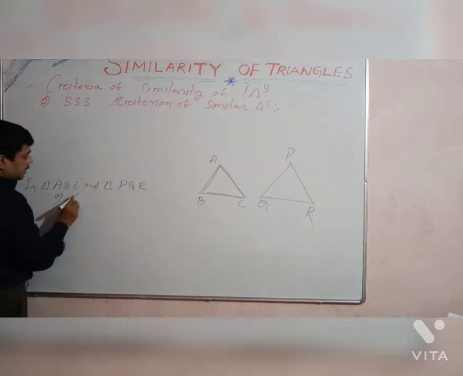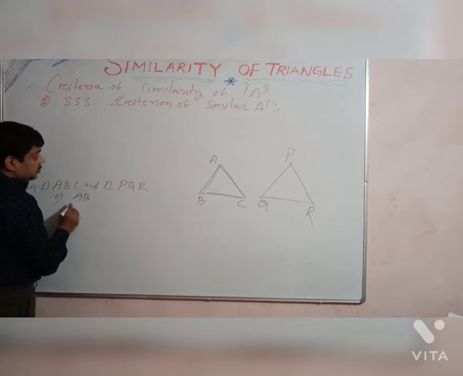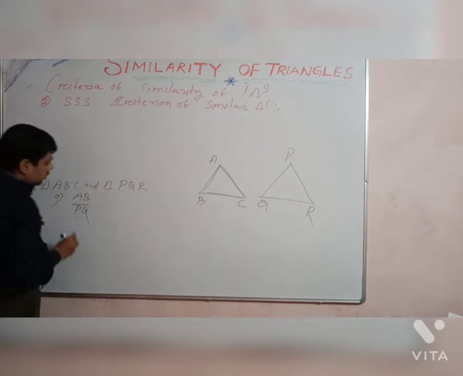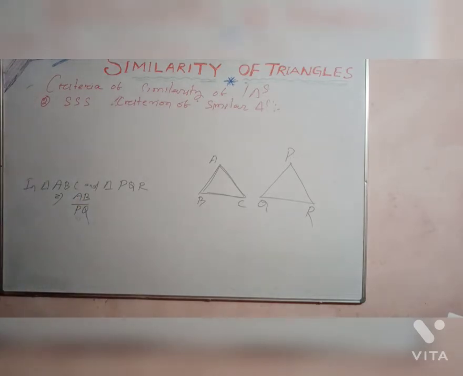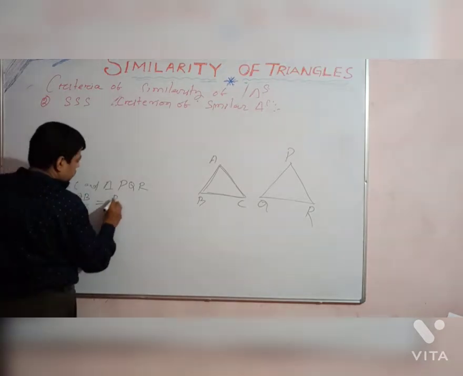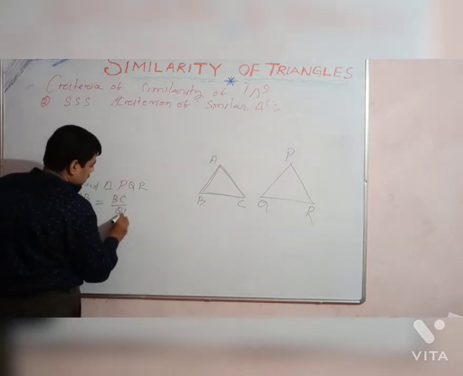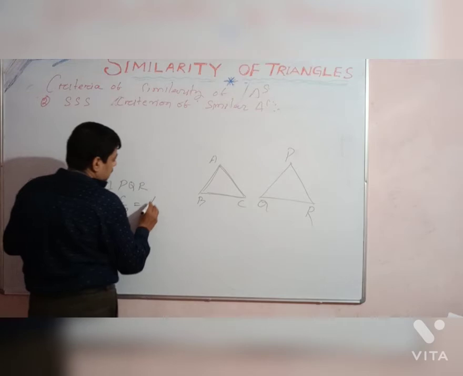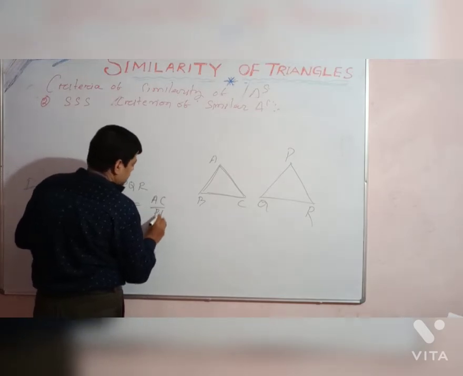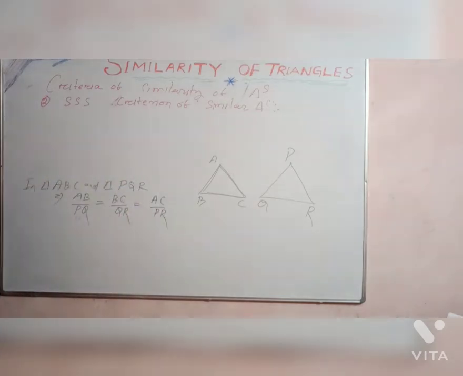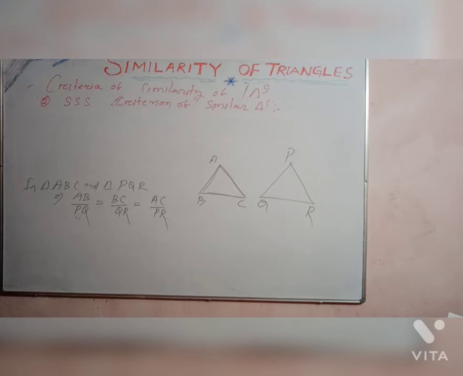If AB upon PQ is equal to BC upon QR is equal to AC upon PR, it means the ratio of their corresponding sides is equal.